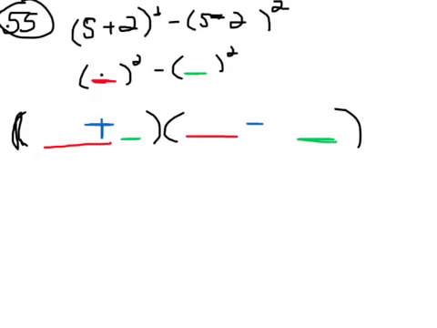So if we go back and we look at this, what's in this square here? It's s plus 2, and you can put it in parentheses if you want to. Probably a good idea to do it just for good habits. It goes here, and then it goes in the first spot over here. Now I've got my plus sign and my minus sign, and now I've got to decide what to put in the second slot.